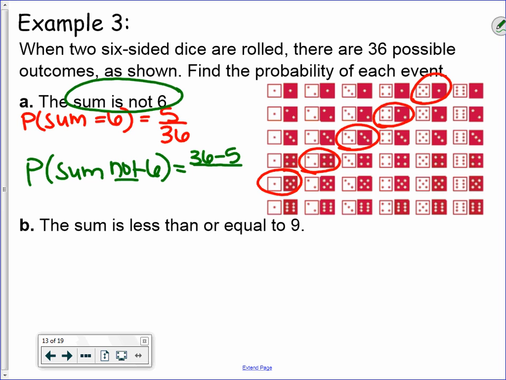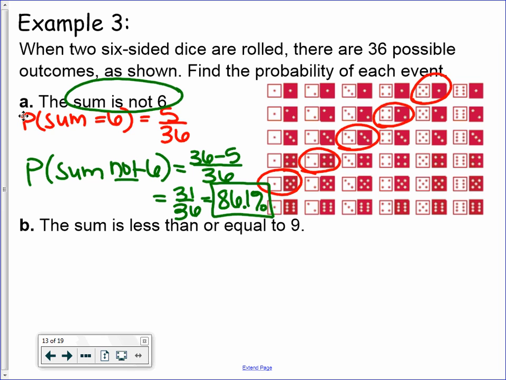So you're going to take 36 minus 5, and that gives you 31 out of 36. Go ahead and figure out that decimal. You should get 86.1% for the sum not being 6, which makes sense if you look at what's red here and what would be remaining after that.